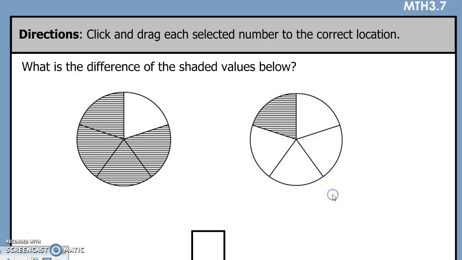So you're going to want to pretend like you're taking this one piece away from here. So if we take this out, we are left with 3 out of the total 5, 3/5. So 4/5 minus 1/5 equals 3/5.